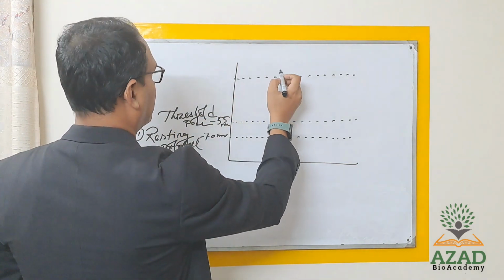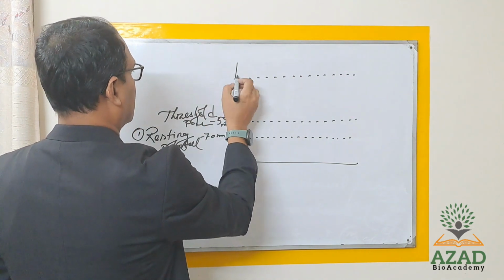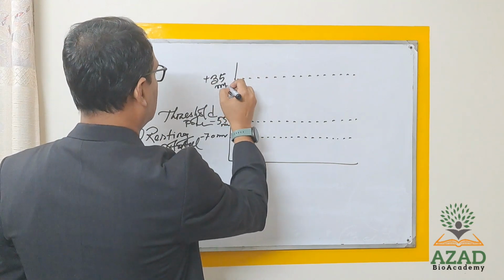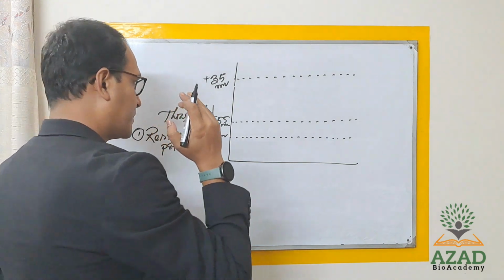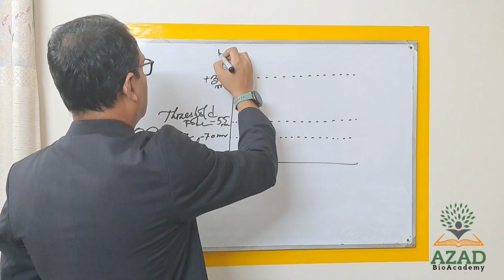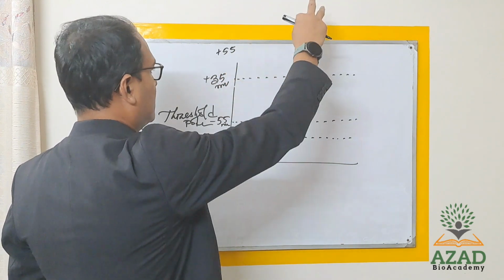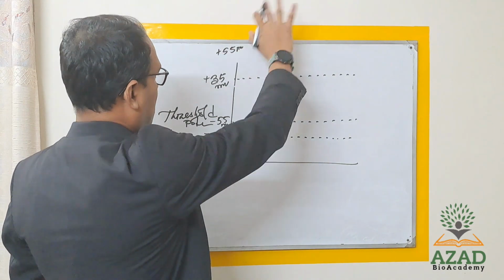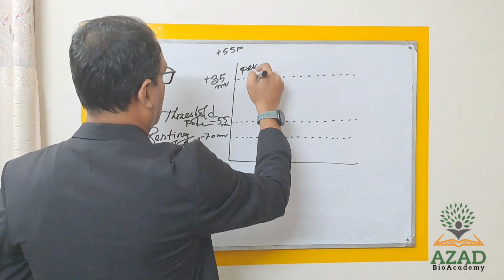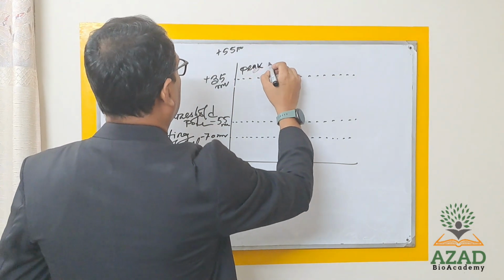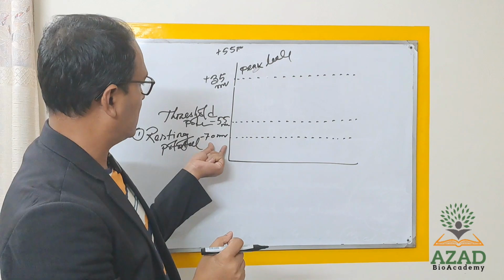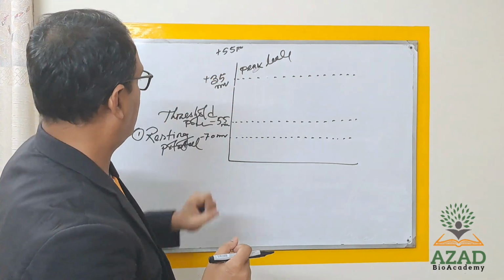And here it is the peak point, peak level, that can be plus 30, somewhere 35 millivolts, and in some particular cases that can be maximized to plus 55. This is with a highly stimulus way, so this is exceptional. So resting potential and the peak potential.